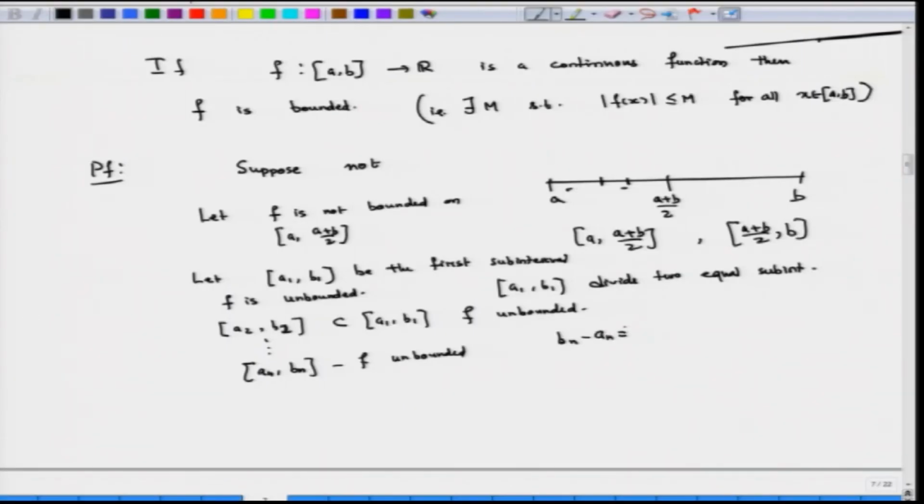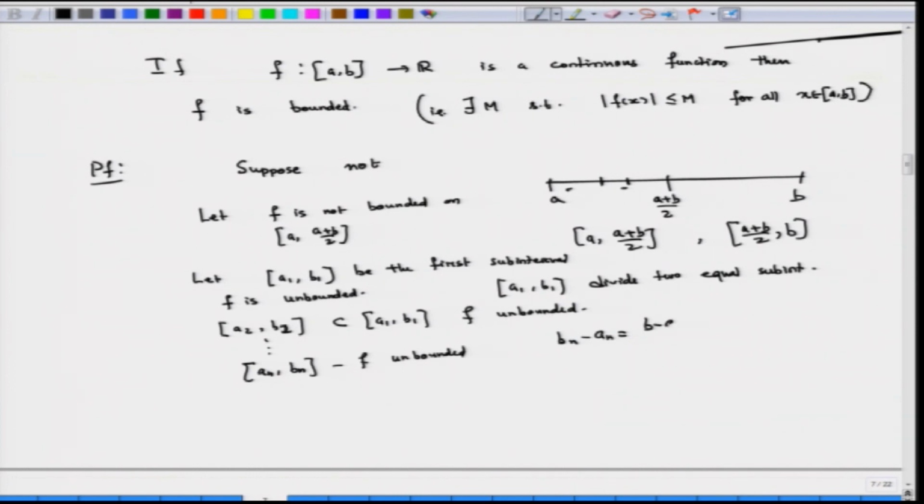At every step I am going to get that f is unbounded in some sub interval, and as you can see b1 minus a1 is (b minus a)/2. Now, b2 minus a2 is equal to (b1 minus a1)/2, which is equal to (b minus a)/4.